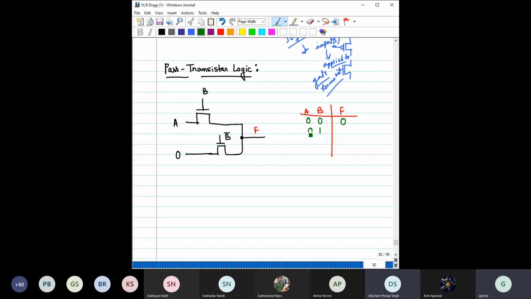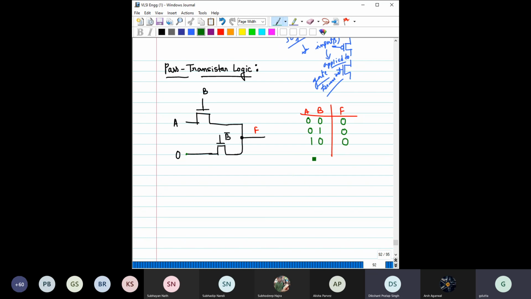A is equal to 0, so the output would be 0. Now let's say A is 1 and B is 0. Again B equal to 0 means only this transistor is on, this one is off, so it does not matter what the value of A is. This transistor is on, so the output is equal to 0.